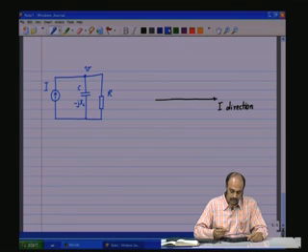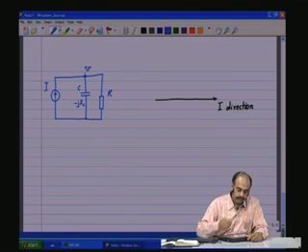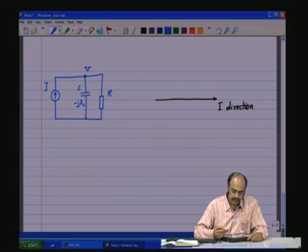Now, what is the relationship of V with respect to I? Now, we know that the current leads the voltage in a capacitive circuit. So, in this case the voltage will lag the current.